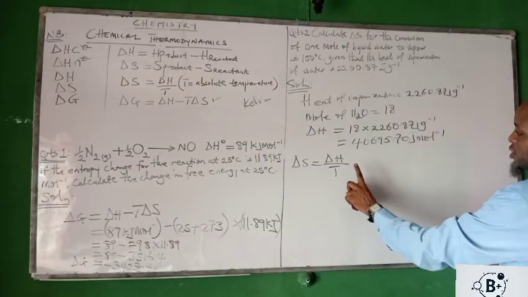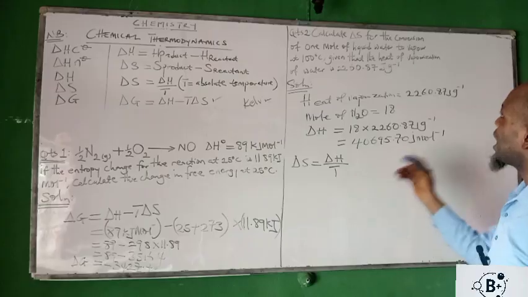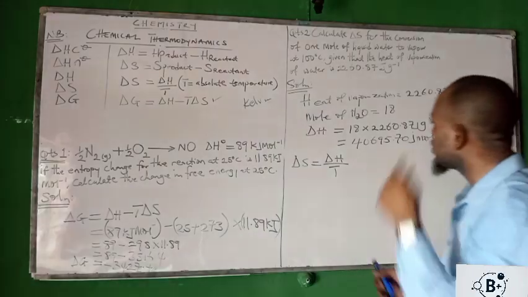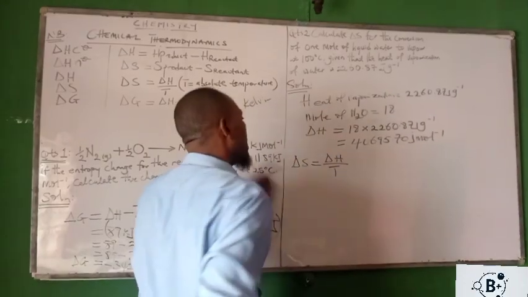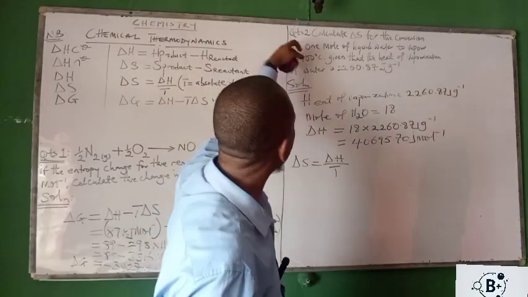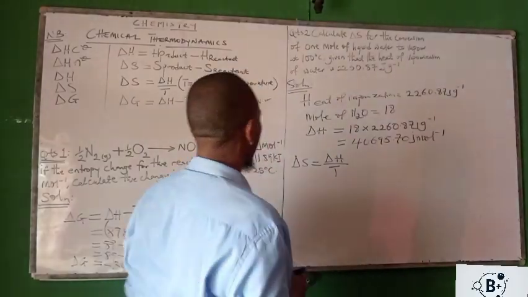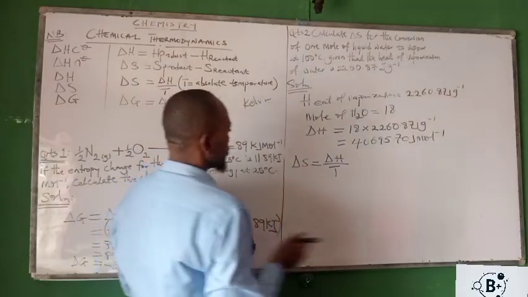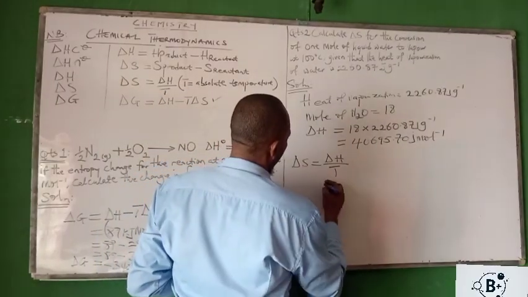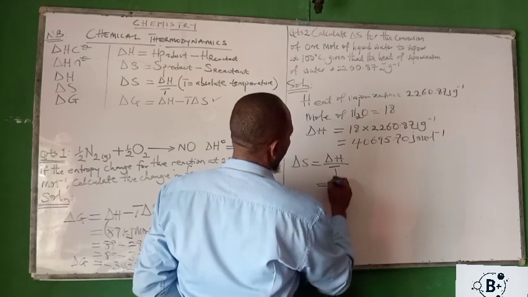So this is the relationship we are going to use. And to compute this now, we have gotten our change in H, then we have the temperature. The temperature was given to us at 100 degrees Celsius.